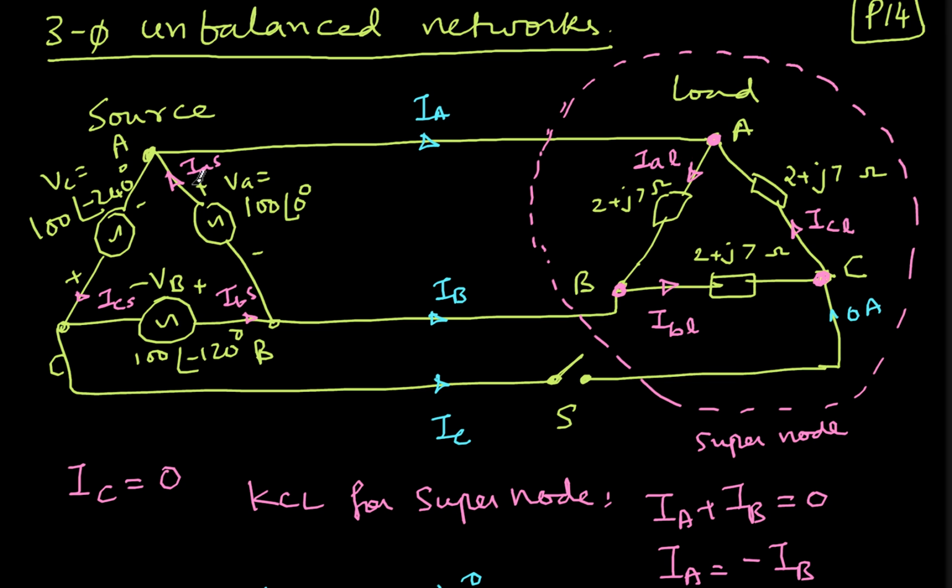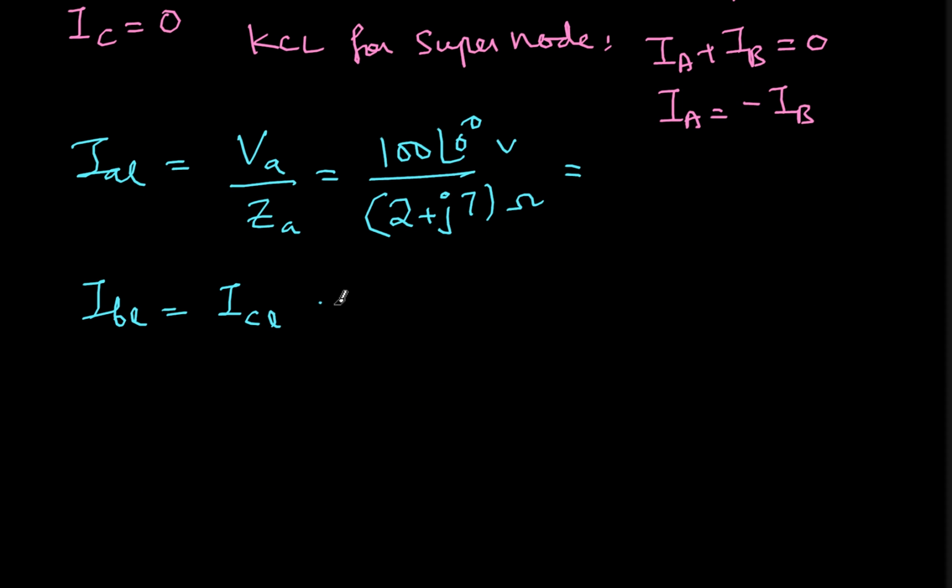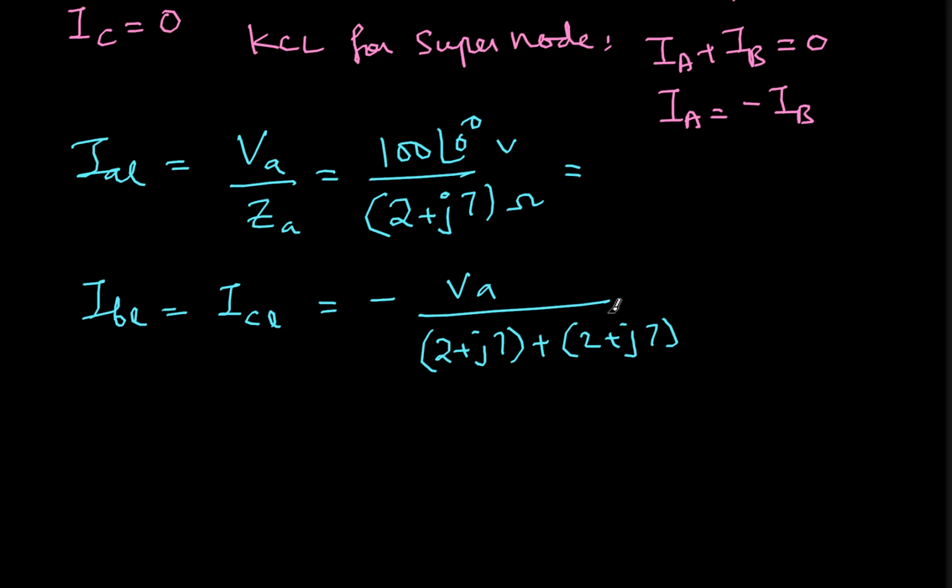So IBL will be equal to ICL, which will be equal to half of, see, because this side is positive, VA is positive and VB is negative, so the current direction should be like this. But because these two are in series, 2 plus J7 in series with 2 plus J7, I can write minus of VA divided by 2 plus J7 plus 2 plus J7, basically half of the current.